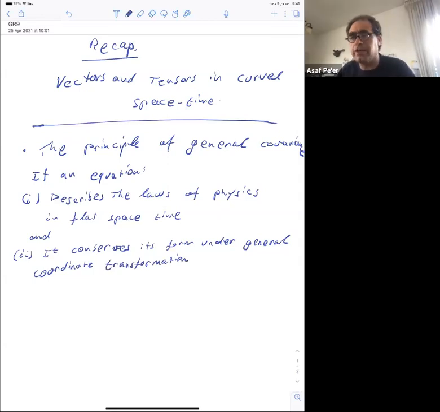Right. Not necessarily from one inertial coordinate system to another, but in general, right? General coordinate transformation x to x prime, then it is true in the presence of any arbitrary gravitational field.